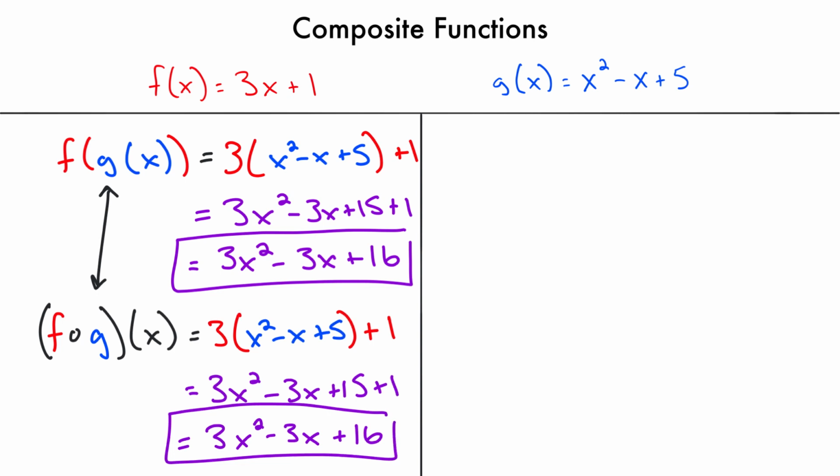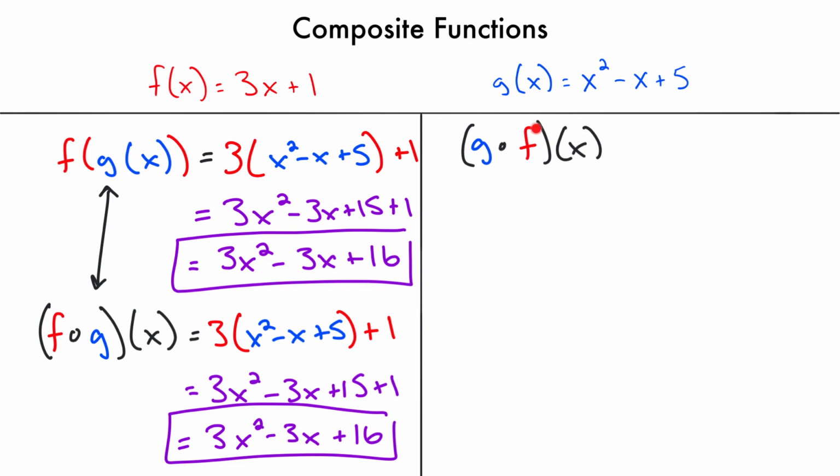The one thing I also want to get across is that f of g of x is not the same thing as g of f of x. If you swap the order of the functions, you get something entirely different. So for example, here's my second example, g of f of x.